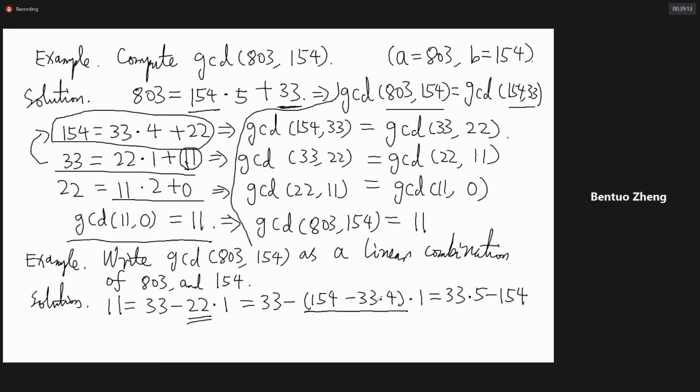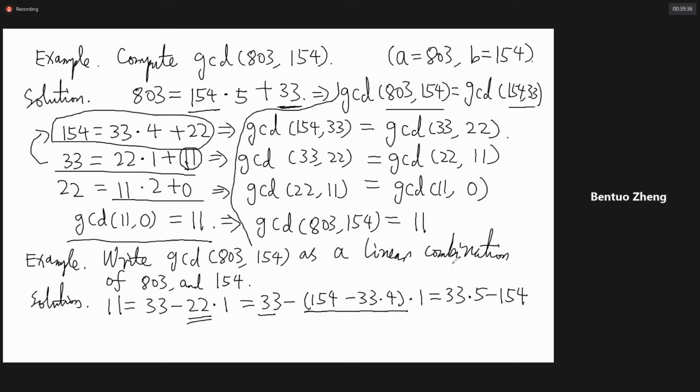Okay, so don't multiply out those numbers. You just need to keep those factors 33, 154 and combine those terms which contain 33 or 154. It's clear you have a 33 here. You have 4 times 33. So what you get is 33 times 5 minus 154.